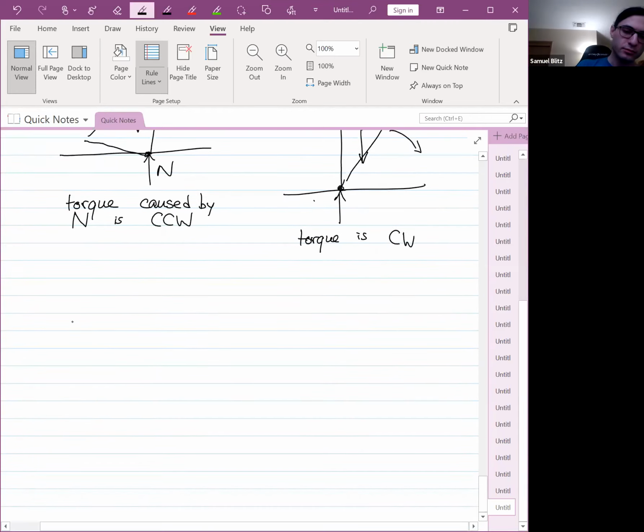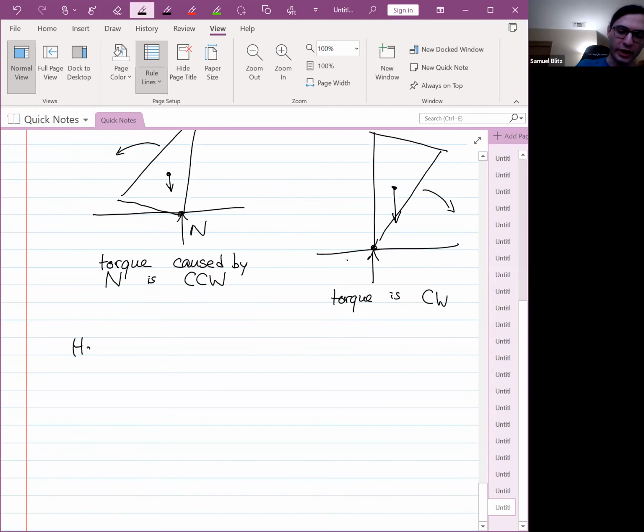So let me go over this kind of quick. We just have to think about the energy diagrams in terms of angles. So what we're going to do is write the energy in terms of angle.